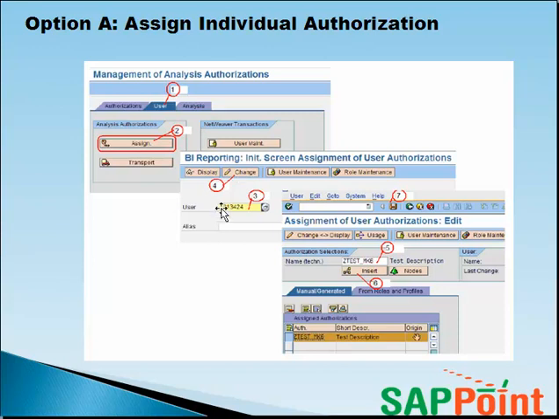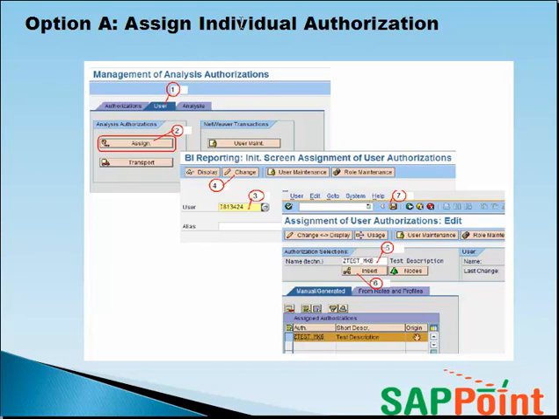You'll get the screen, enter the user ID, and then click on change. Then in this name field, you would enter the analysis authorization that you created and click on insert. When you click on insert, the analysis authorization will be entered here and you save it.